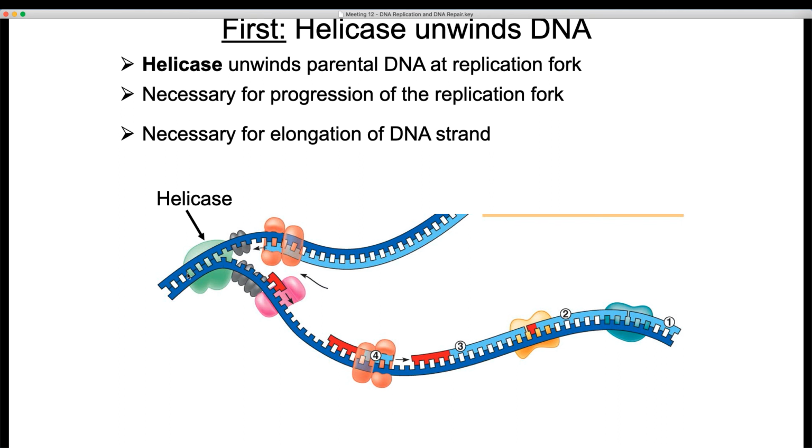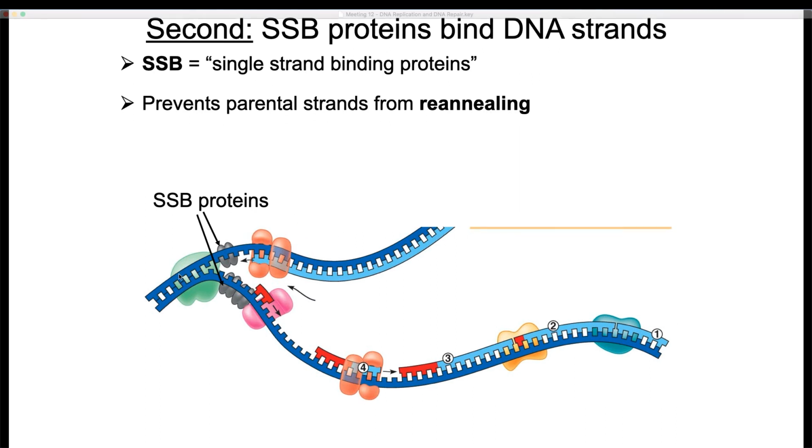It was laid down at the origin of replication, and it's going to continue moving and separating those two strands. We need these single-strand binding proteins to bind to the newly separated DNA strands, because otherwise they would just pop back together before they were replicated.